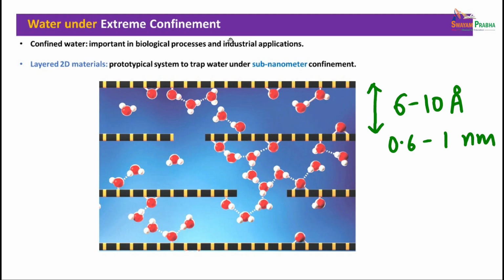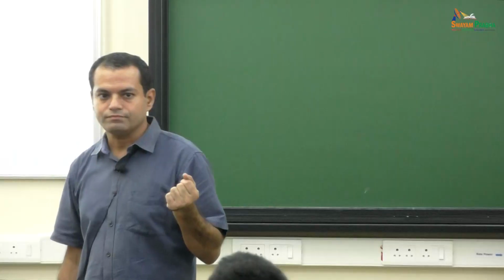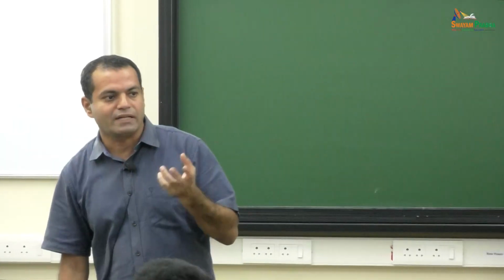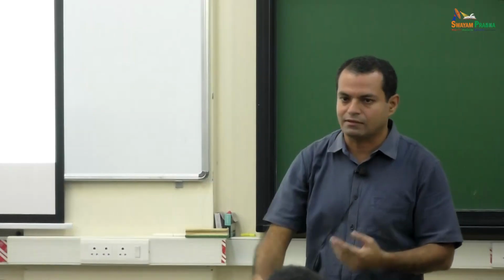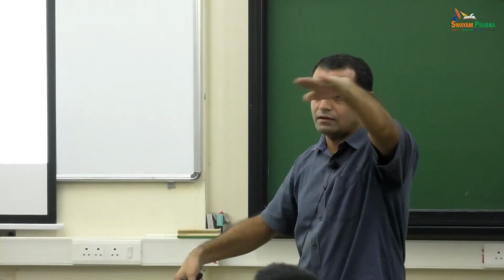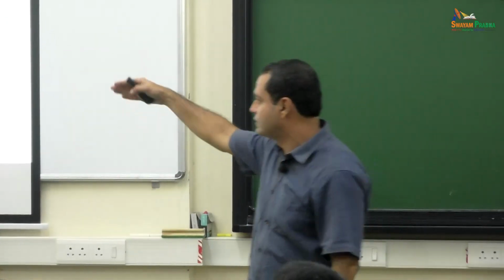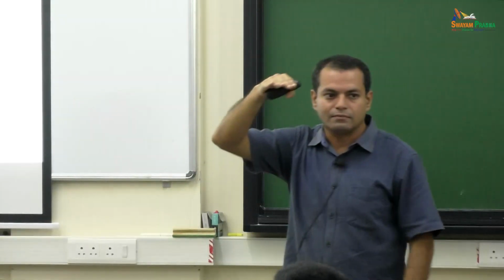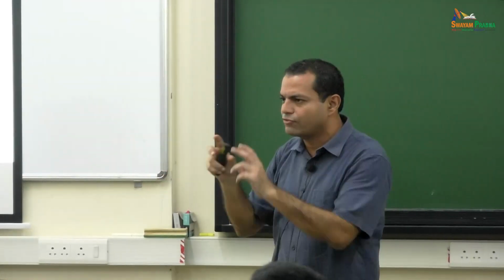So here I was pointing out, the separation between these graphite-like sheets is about 6 to 10 angstroms, or 0.6 to 1 nanometer. I have taken a cross section. The sheets are there, say coming out of the plane of this screen, and in between them you could have just a few water molecules.